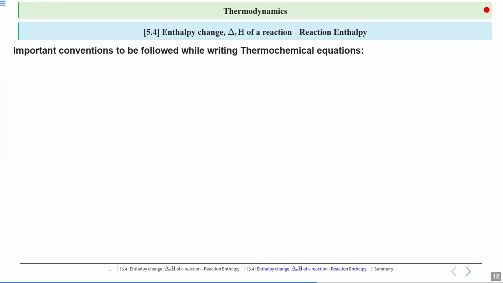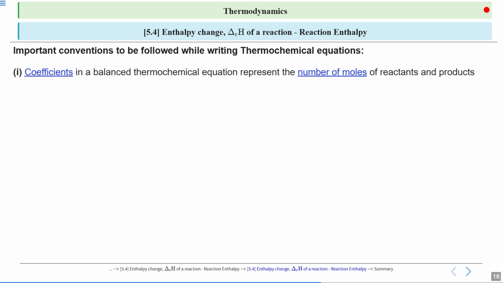Now let us move on to the conventions that we use while writing the thermochemical equation. First is, if you are talking about the coefficients in a balanced thermochemical equation, then they refer to the number of moles. Okay. From the first chapter, if you see, the coefficients were defining the molecules, ions, everything, right? But in this case, it is specified only for the number of moles, both for the reactants and products.